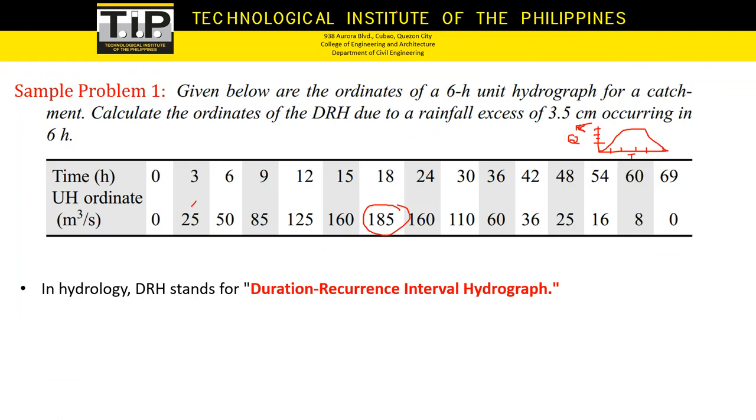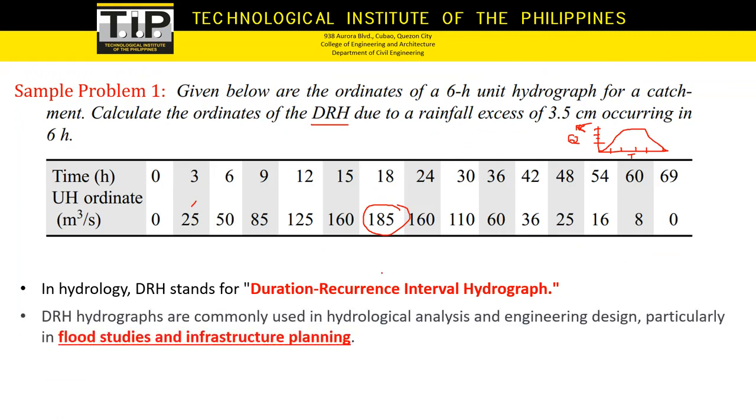Okay, so ano bang ibig sabihin nitong calculate the ordinates of the DRH? So, pag sinabi mong DRH, it means duration recurrence interval hydrograph. Okay, and then ano ba yung DRH? So they are commonly used in hydrological analysis. So para mas simple, yung DRH, ito yung hydrograph ng isang ulan on a given rainfall data or let's say rainfall excess.